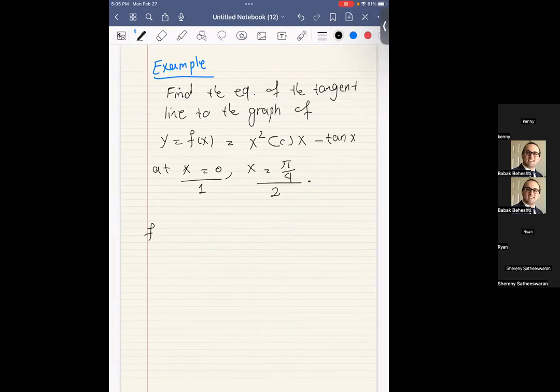So f prime is 2x times cos x minus x squared times sine x, minus secant square. I'm using the product rule. This is the derivative of f, right?